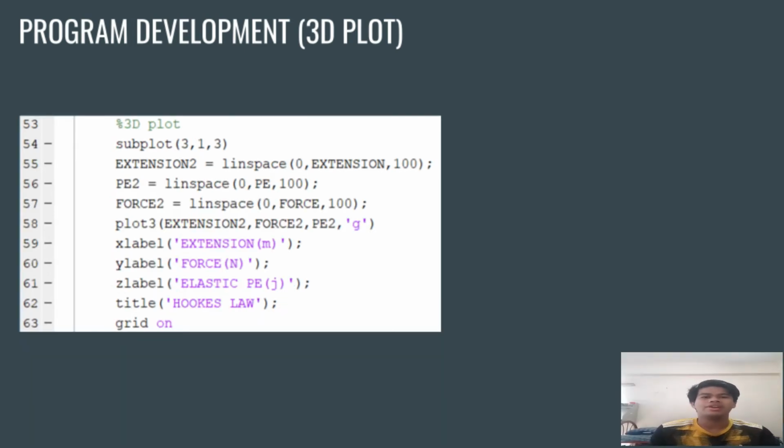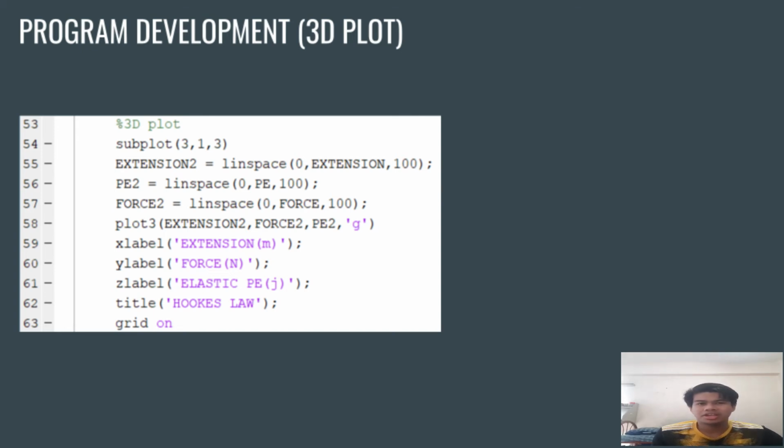Next is the program development for the 3D plot, which is subplot 313. We use 3 variables: the extension, force, and elastic potential energy. Each of these variables has linear spacing from 0 to the value of the user input, with 100 data points. We plot extension 2, force 2, and PE2 with a green line.